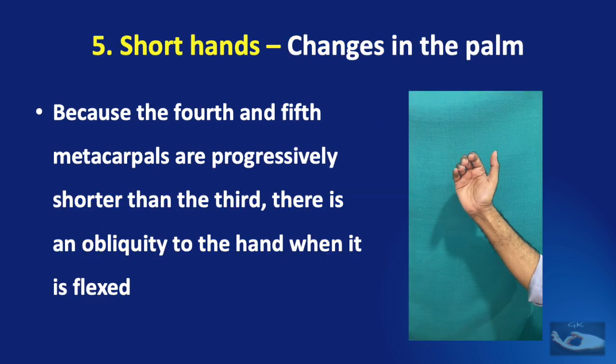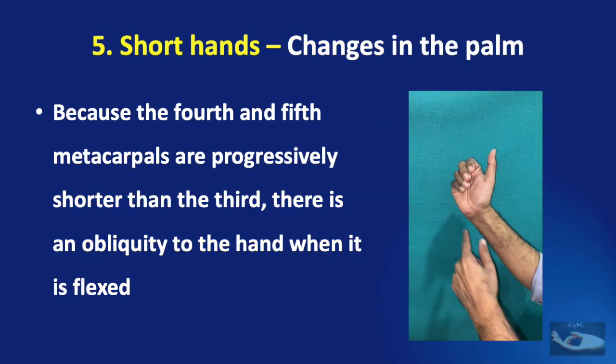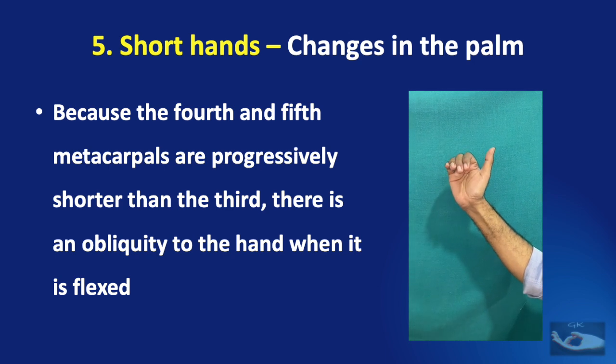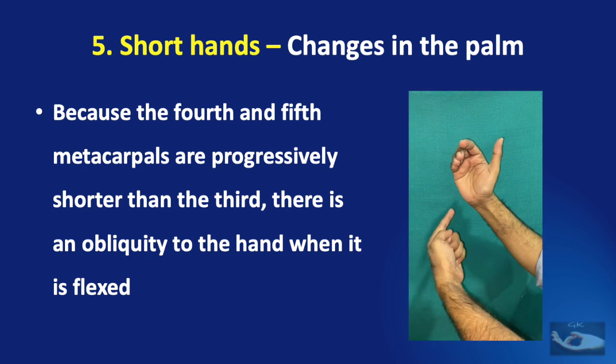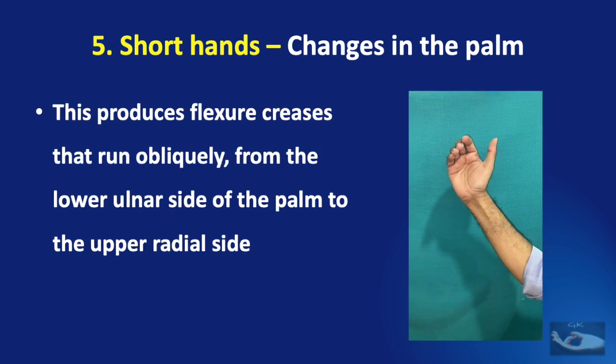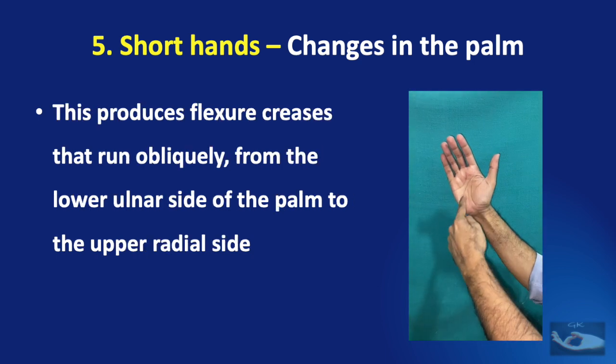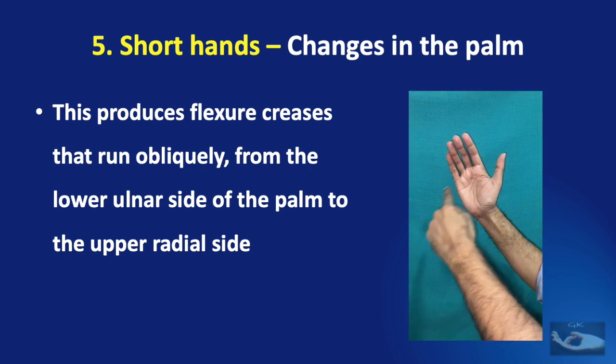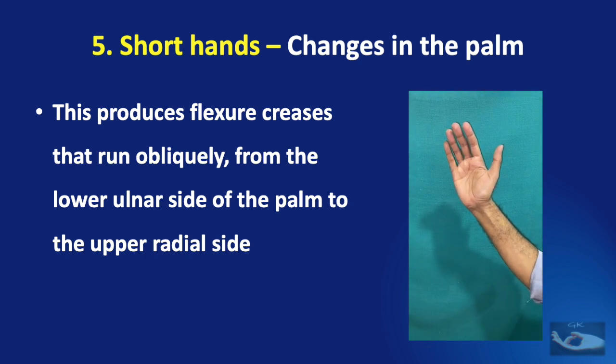Because the fourth and fifth metacarpals are progressively shorter than the third, there is an obliquity to the hand when the fingers are flexed. This produces flexure creases that run obliquely from the lower ulnar side of the palm to the upper radial side.